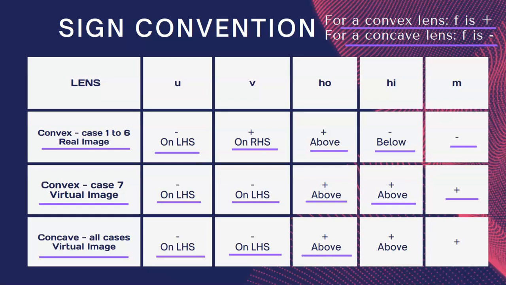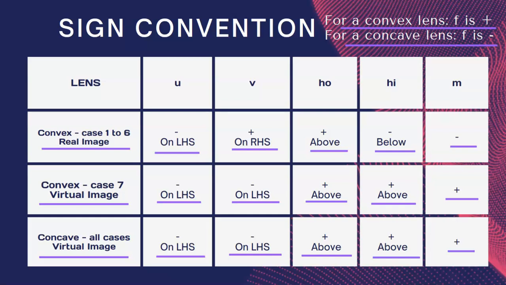HO, height of the object, object is above the principal axis, so HO is positive. HI, image is above the principal axis because it is virtual, hence HI is also positive. So magnification in this case, M is positive because HI upon HO.